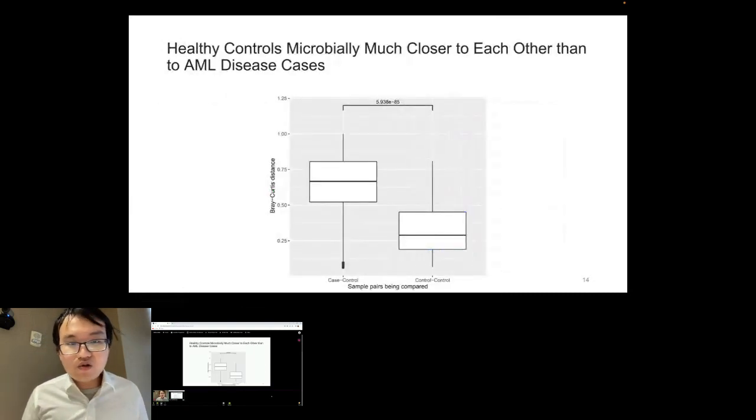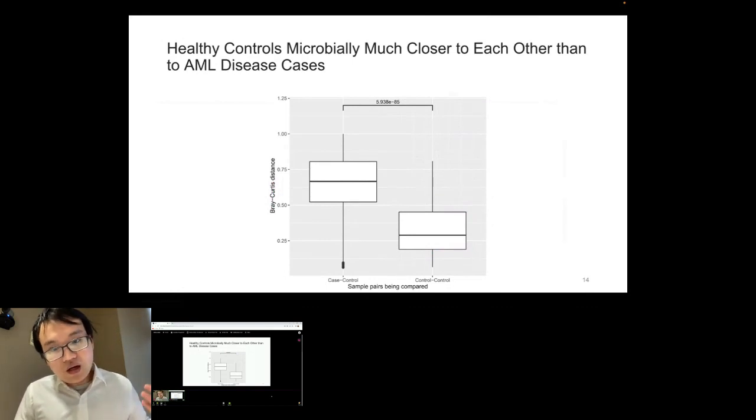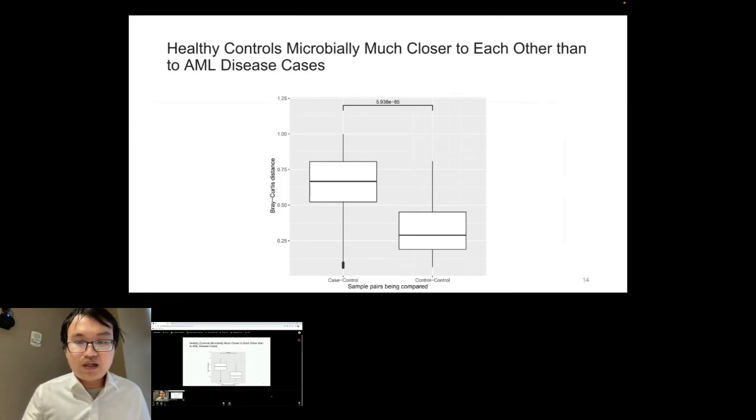we were able to show that the Bray-Curtis distances among healthy control cases are much more similar than when comparing their distances to the acute myeloid leukemia patients.